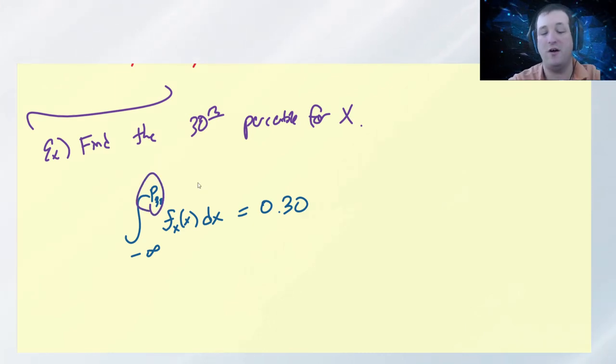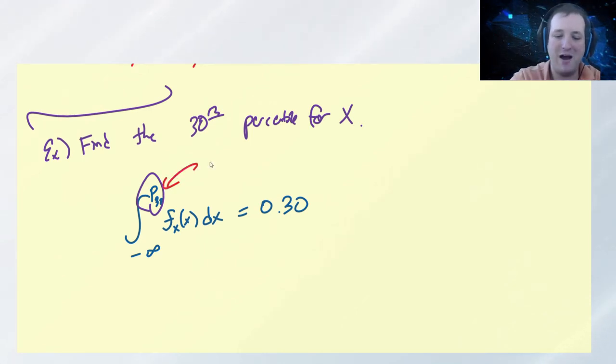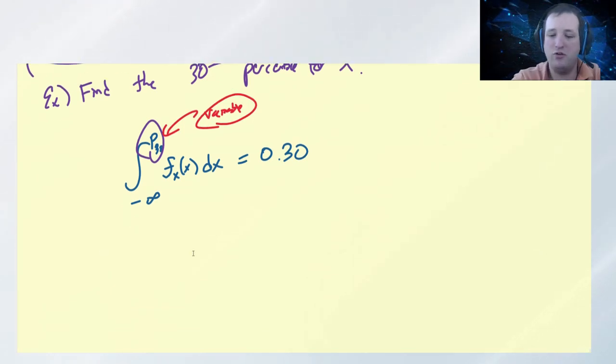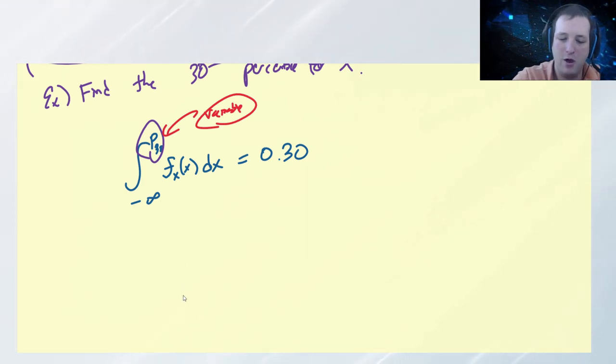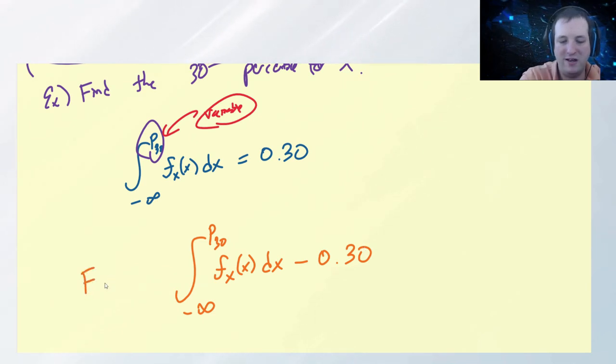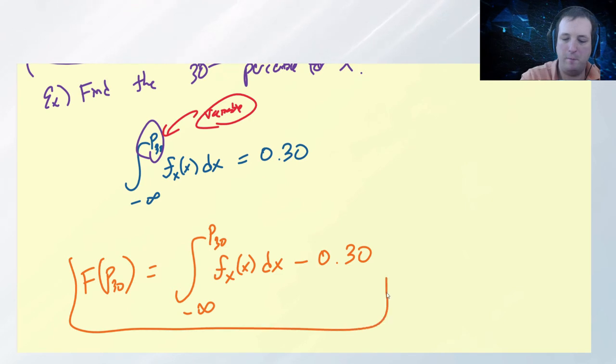Now, of course, you could go through the same exact process and solve this equation for p30, but you can actually solve this very quickly in a graphical way, right? So keep in mind that p30 is just an unknown variable that we're solving for. So what I'm going to do is subtract 0.30 from both sides. So I'm going to have the integral from minus infinity to p30 of fx of x dx minus 0.30, and I'm going to call this a new function of that variable that I do not know, right?